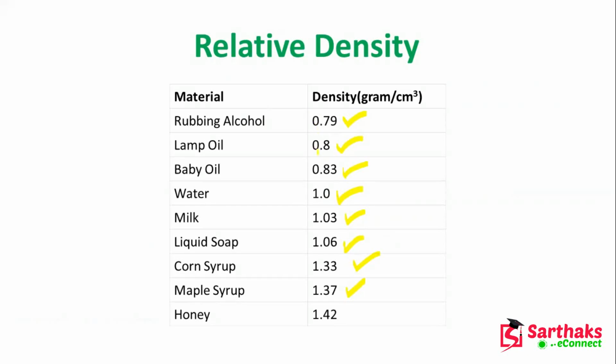All the values mentioned here are relative densities. That means rubbing alcohol is less dense than water. But milk has a higher density than water, and liquid soap also has a higher density than water.